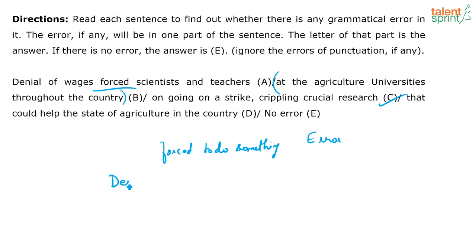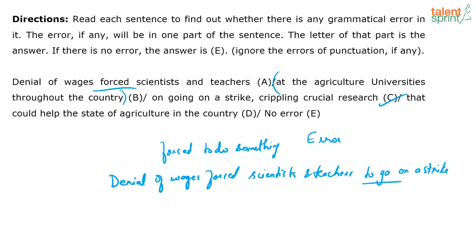If I have to put this sentence in context, denial of wages forced scientists and teachers to do what? To go on a strike. That's it, right? That's why the error is in part C. Not on going on, but to go on a strike, crippling crucial research that could help the state of agriculture in the country.